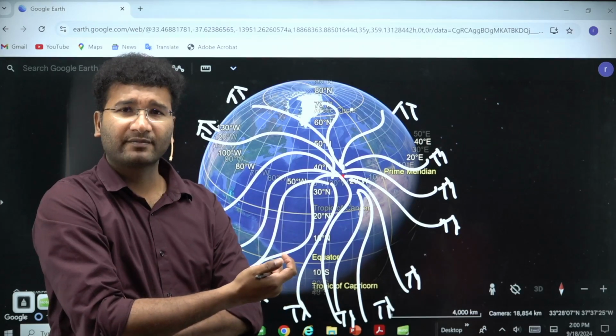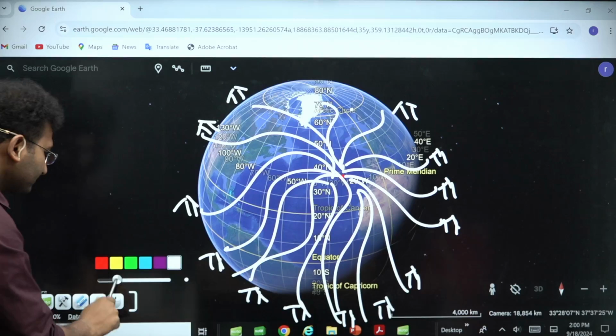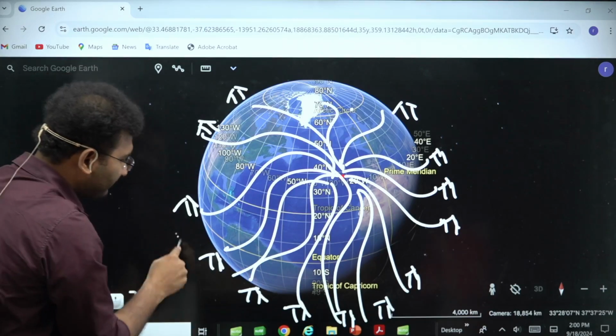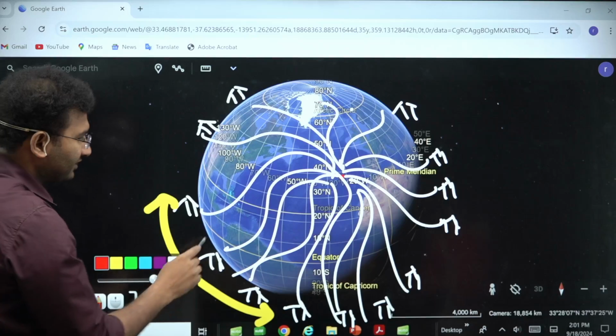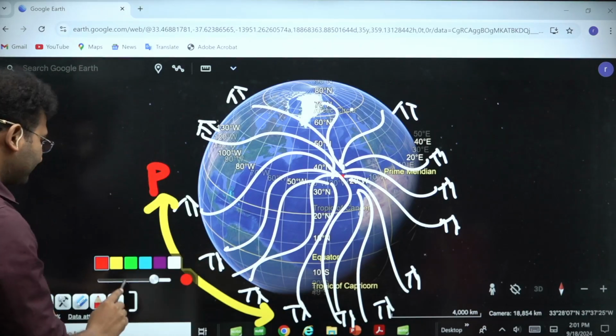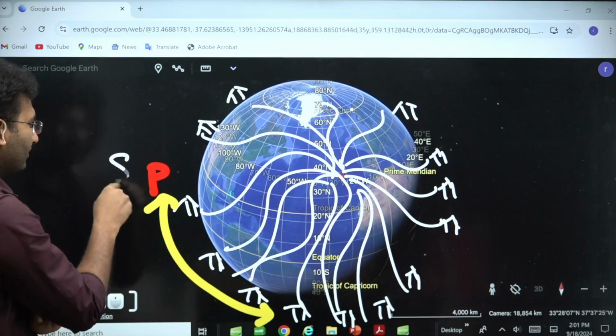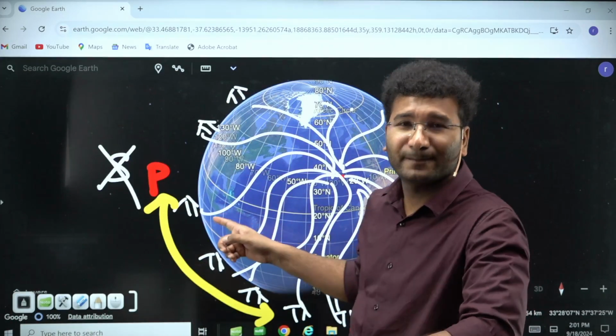Suppose P waves are received in this area, and S waves are absent. If P waves are present here and S waves are absent here, what does that indicate?